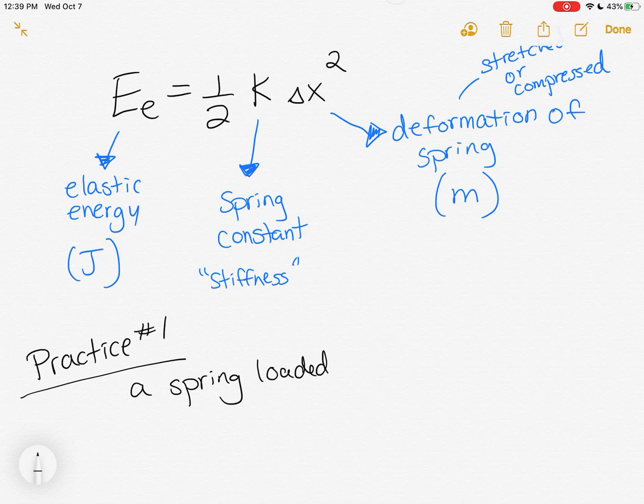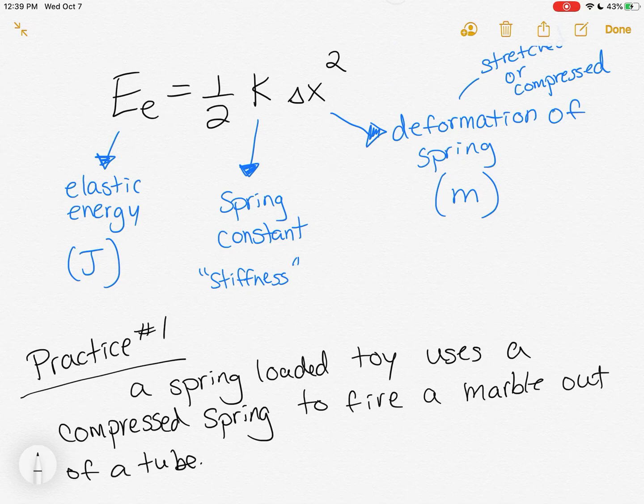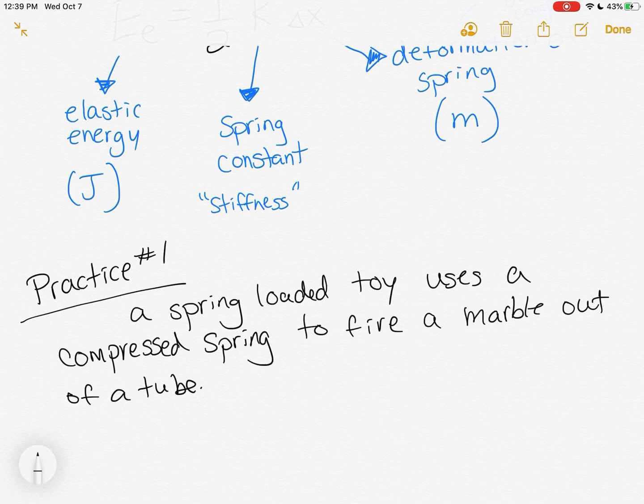We are going to do some practice questions with elastic energy. With our practice number 1 here, we have a spring-loaded toy that uses a compressed spring to fire a marble out of a tube.